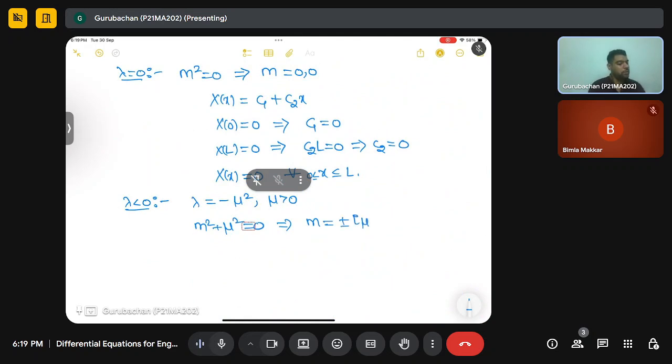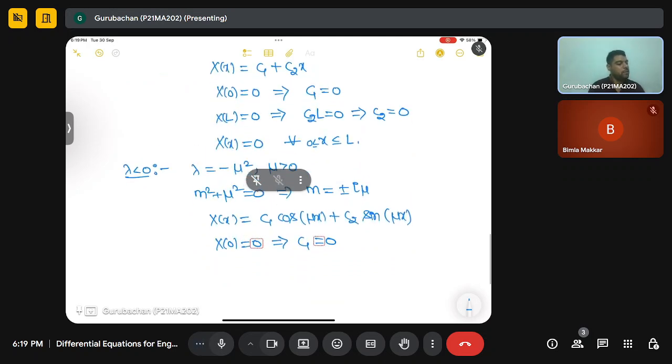So our X of x will be some c1 cos mu x plus c2 sin mu x. Since X of 0 is 0, this will imply c1 to be 0. And next, X of L is 0 will imply c2 sin mu L is 0.